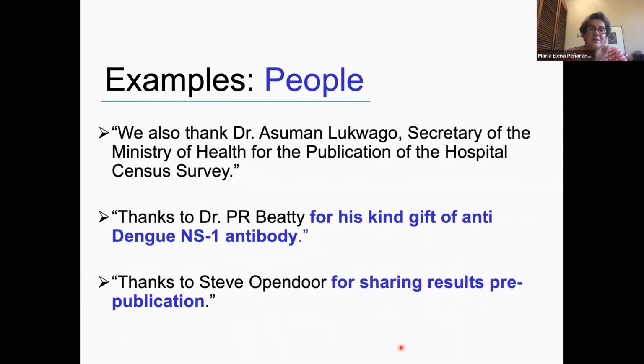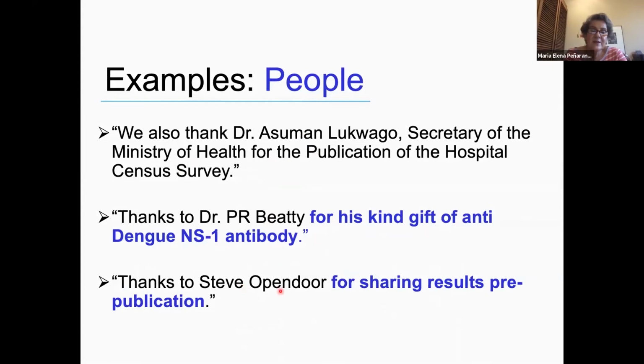We also thank the Secretary of Ministry of the Publication and the Census Survey, again, the hospital. We thank Dr. Beatty for his kind gift of anti-dengue and S1 antibody. He is actually a real person that works in our institution, and he shares the antibody he produced in mice.